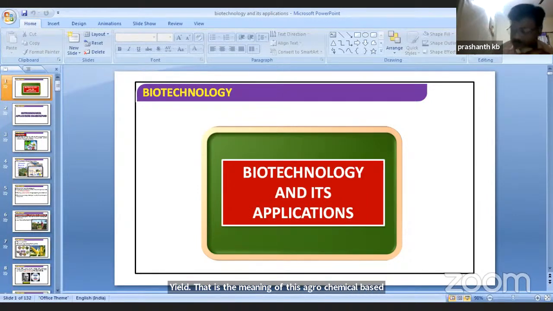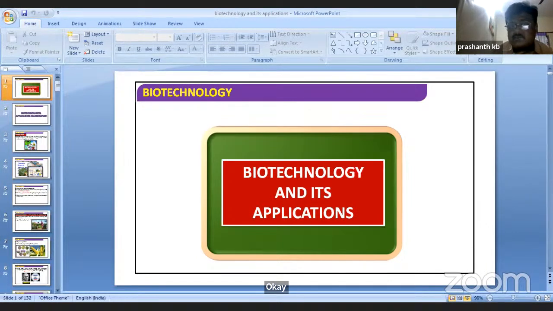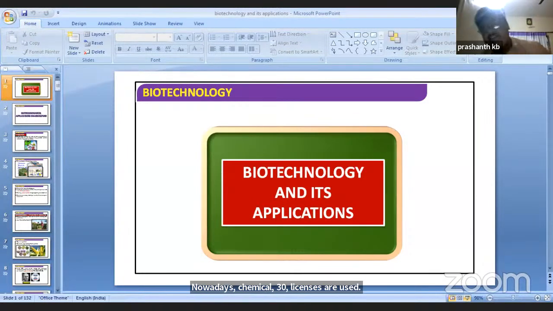Next, organic agriculture. Nowadays, chemical fertilizers are used to grow plants. This chemical has affected the soil very badly, and it has altered the pH of the soil.